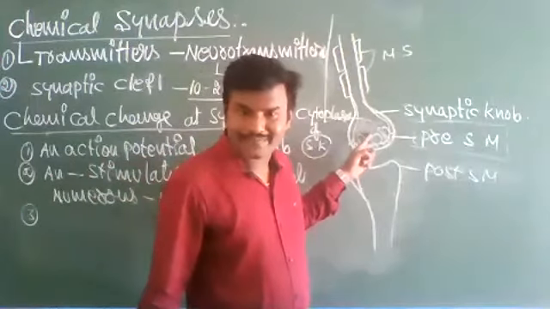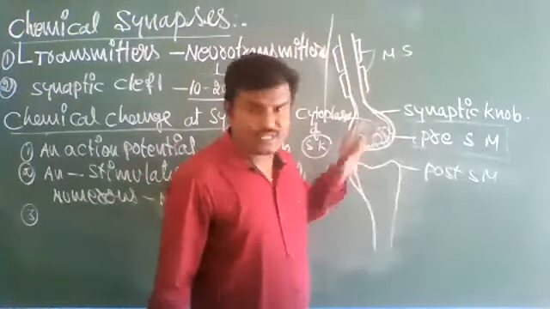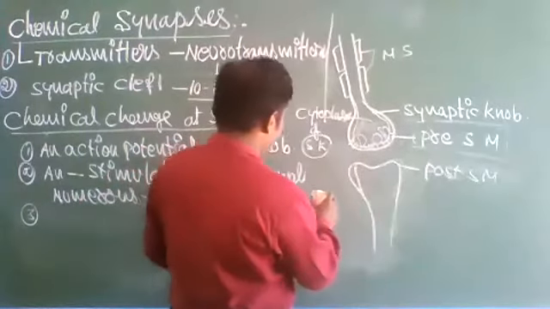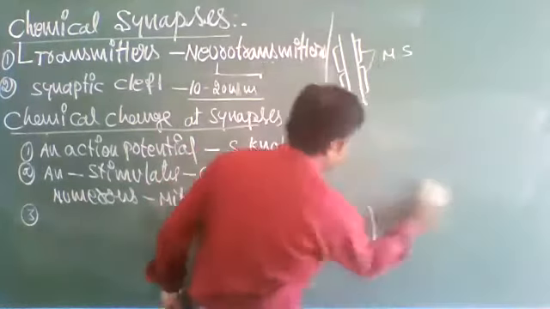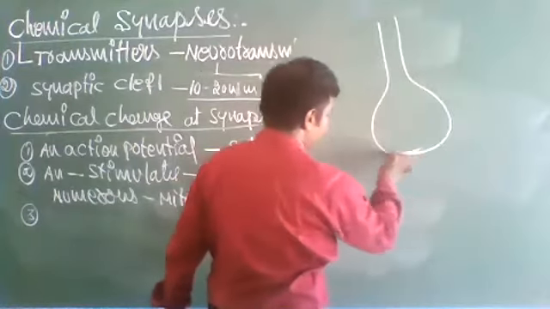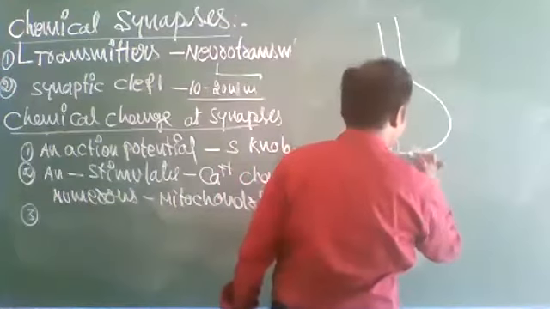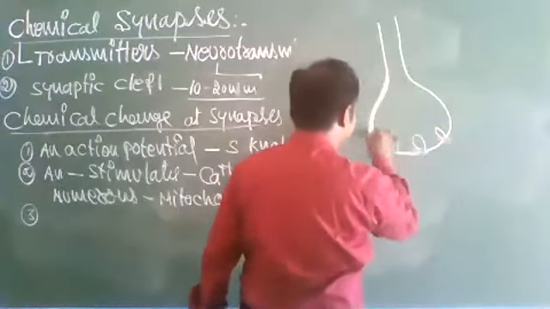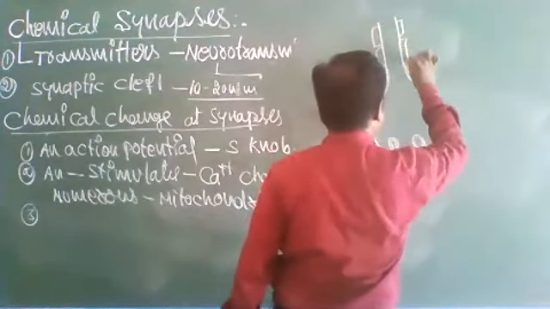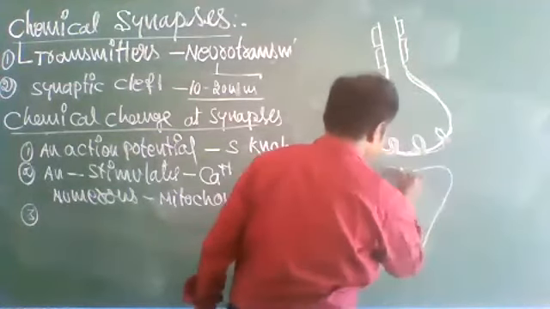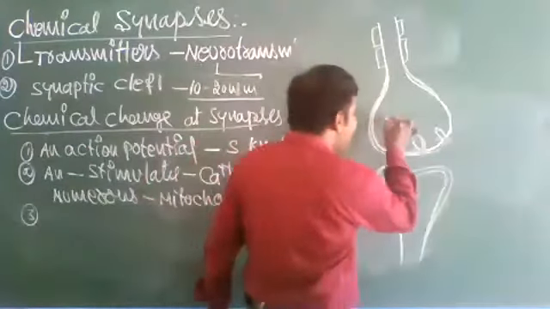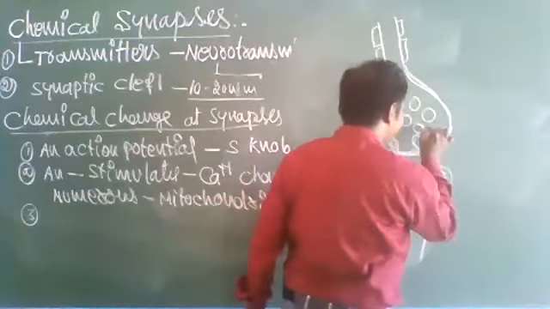See, these calcium ions move the synaptic vesicles present in the synaptic knob. Here is a number of synaptic vesicles.